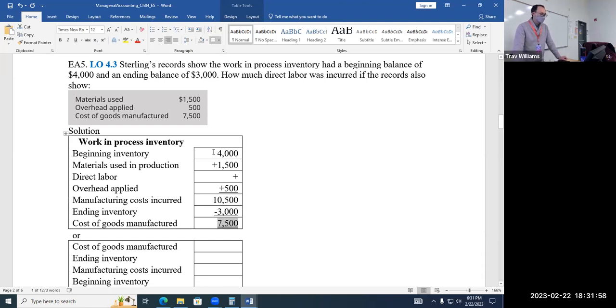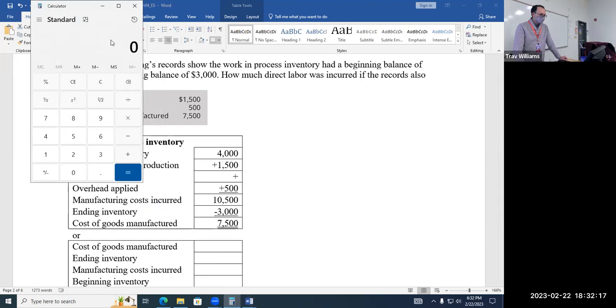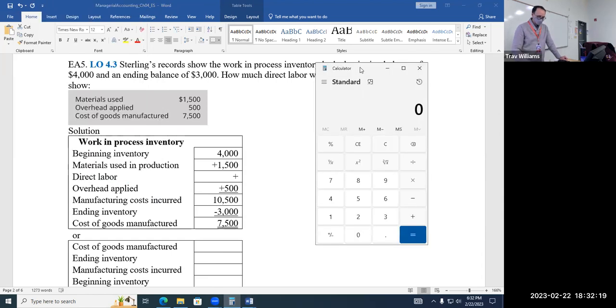Okay? So in other words, 4,000 plus these three together gets us to 10,500. $4,000? Let's do this. We can take our 10,500, subtract the 500 in overhead, subtract the 1,500 in materials, subtract the 4,000 in beginning inventory. So our direct labor must be 4,500.